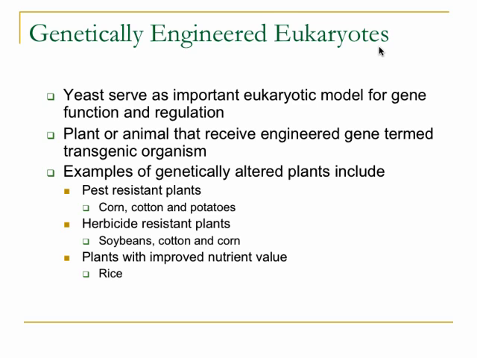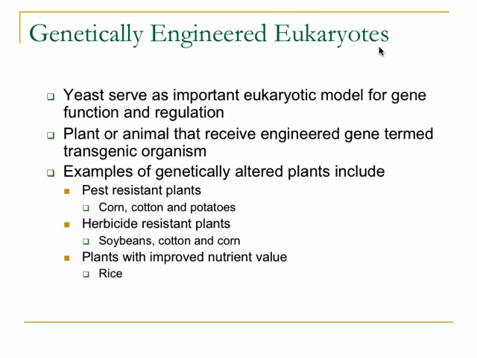Now, it's not just restricted to bacteria. Yeast may be necessary in the case of proteins that need modification. So remember, bacteria don't modify their proteins after they're produced. But in eukaryotes, we often have these post-translational modifications where they're cleaved into their active form, like there's the pre-enzyme or the pro-enzyme and the active enzyme, things like that.